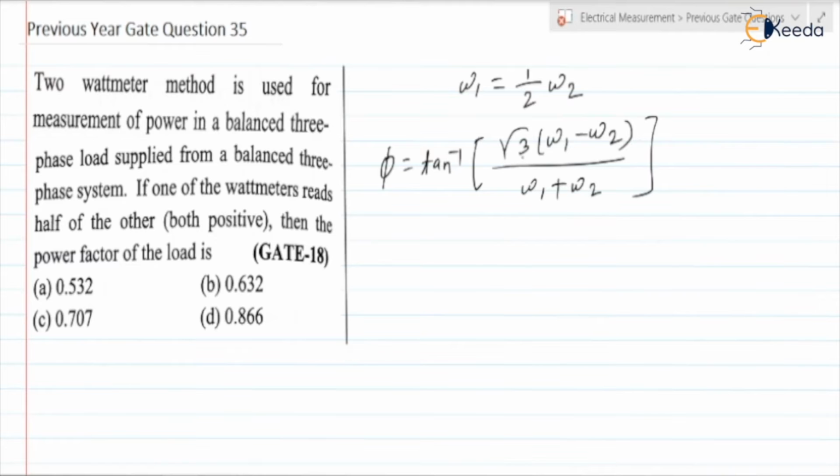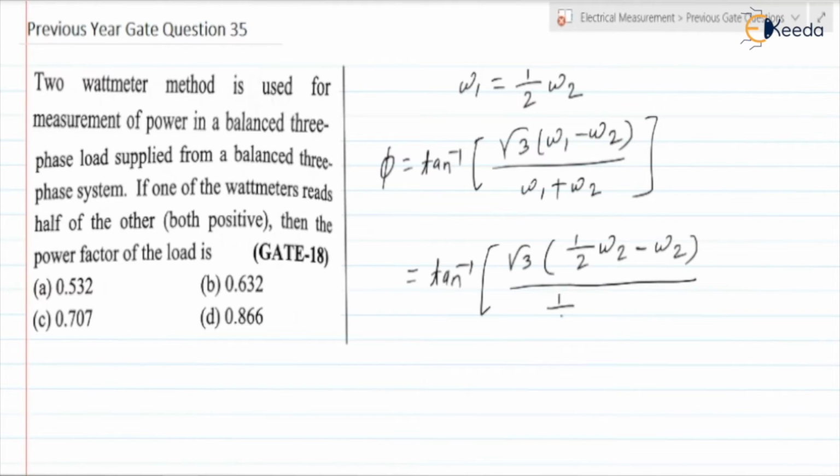If we replace W1 with 1 by 2 W2, then it is equal to tan inverse of root 3 into 1 by 2 W2 minus W2 divided by W1 plus W2, that is 1 by 2 into W2 plus W2.